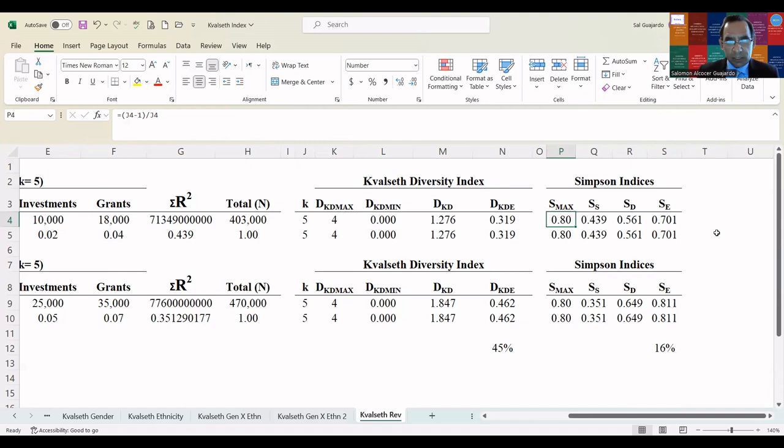And recall that the 0.80 is obtained by the number of groups minus 1 divided by the number of groups. So it's going to be 5 minus 1, which is 4. 4 divided by 5 gives me 0.80. So the Simpson evenness score is going to be 0.561 divided by 0.80. That gives me the 0.701, indicating that 70% of the maximum value of 0.80 was obtained for revenue diversity.